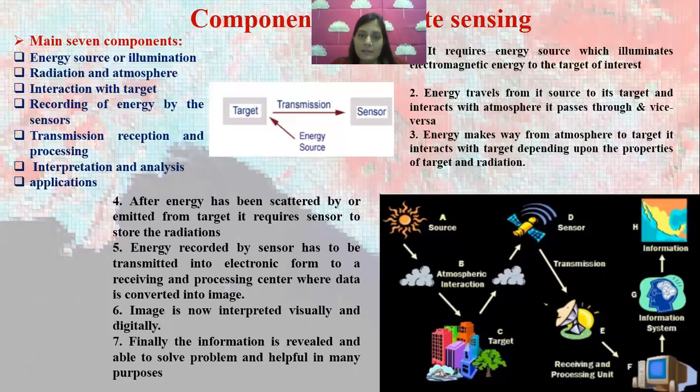It is a very simple technique to remember. Here I have shown in the figure: very first the energy source to the target, then transmission, transmission to sensors, sensors to the processing units, and processing units to the information and analysis. Okay students, I have taken much time to explain this, and I hope you have understood and learned. Thank you.